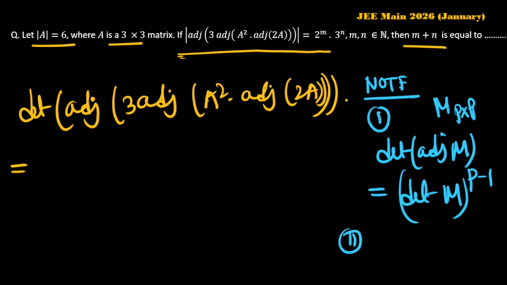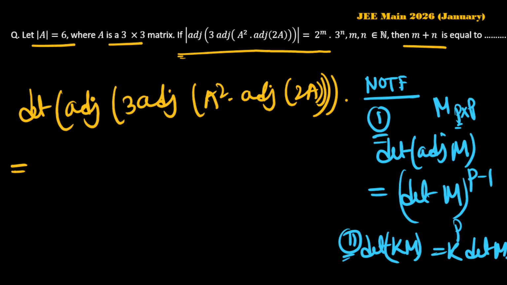The second is, suppose any constant K is multiplied by matrix M, and we apply the determinant, that is actually K power P into the determinant of M. These two formulas are frequently used in this question, so remember these two formulas.